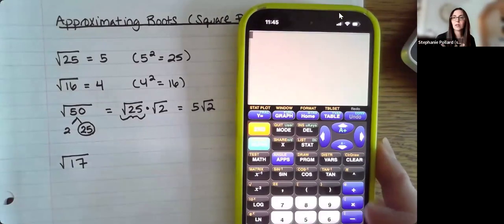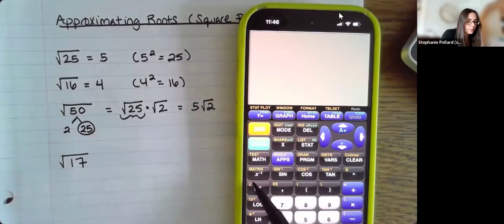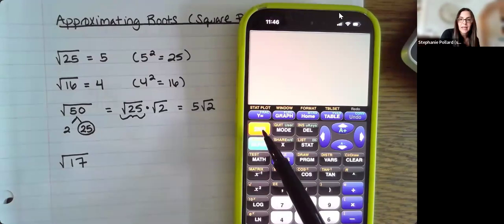Now, everybody's calculator is a little bit different. So I'm using an app here. This one is called Graph and Calc 83. It looks very similar to the TI 83/84 graphing calculator series. But any calculator is fine. You're just going to need to know how to use yours. So on this app, my root symbol on the calculator is right here. It's in yellow, which means I have to use my second command.